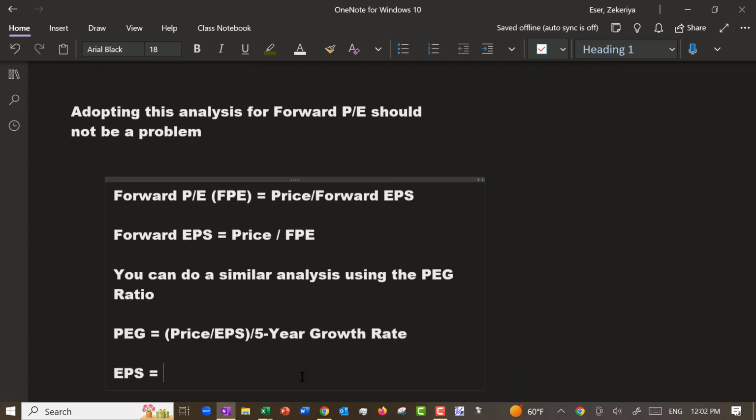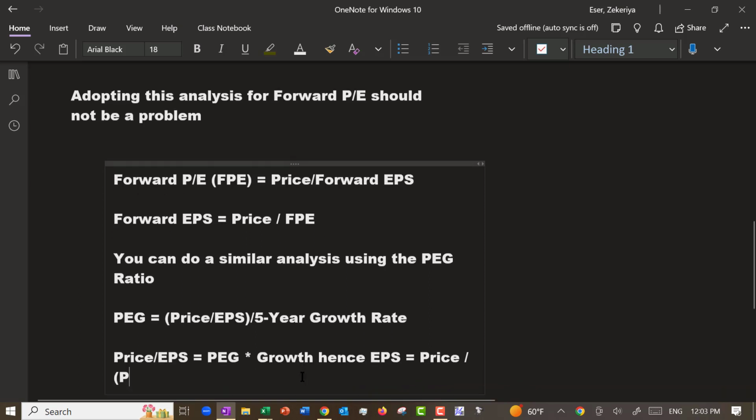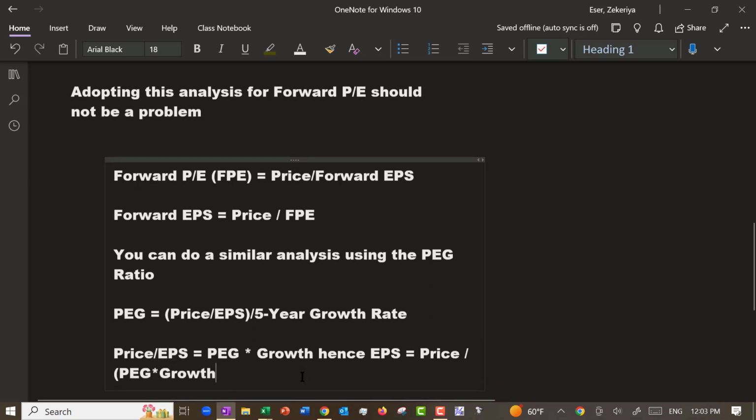So EPS is going to be, let me see, I'll just call that growth. Hence, EPS is price divided by PEG times growth.